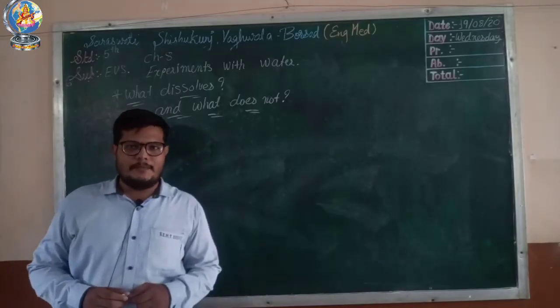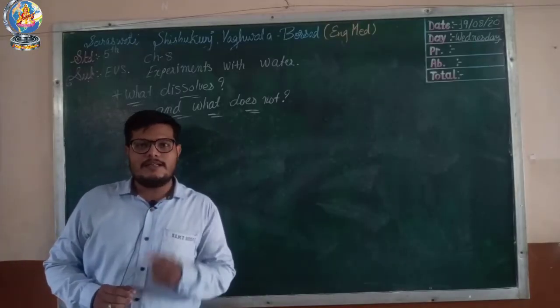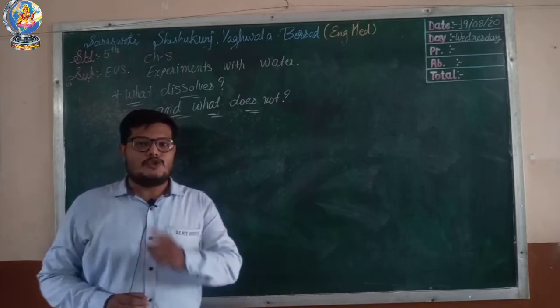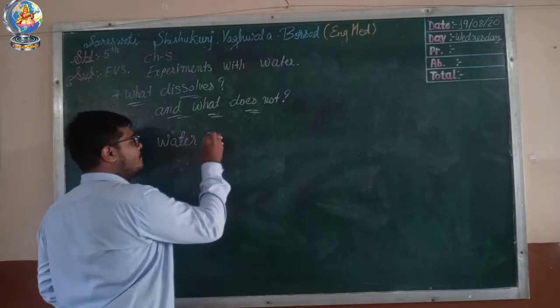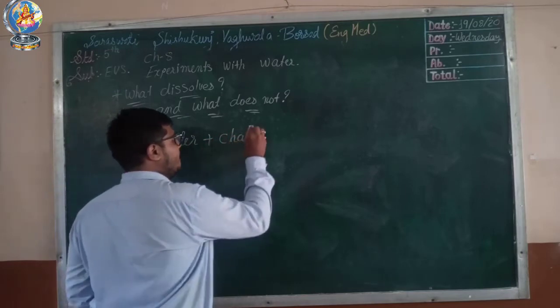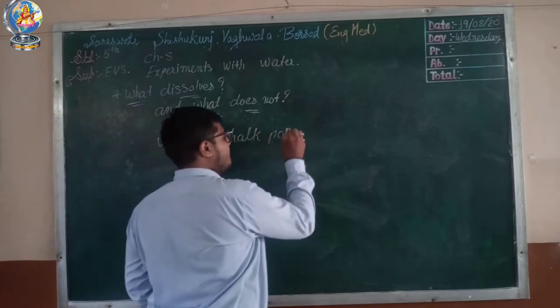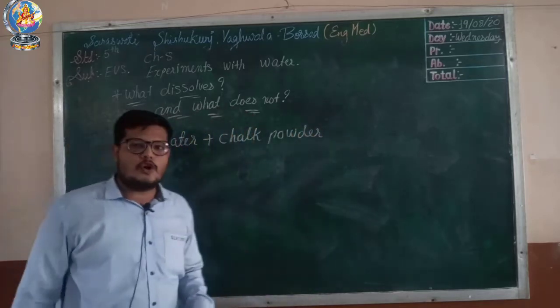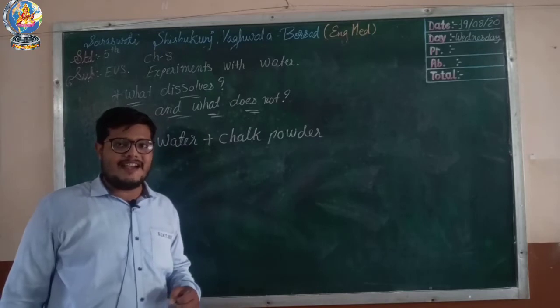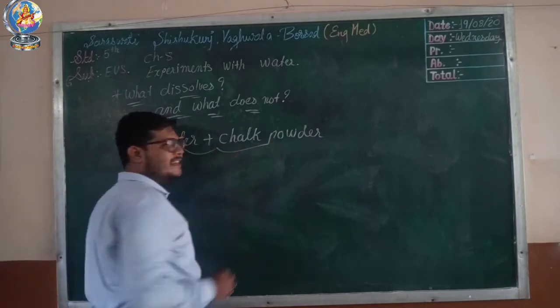So you have seen the experiment. What we added inside the water was chalk powder. So let me write here: water plus chalk powder. Now what happens when you add chalk powder in water? Does it dissolve?